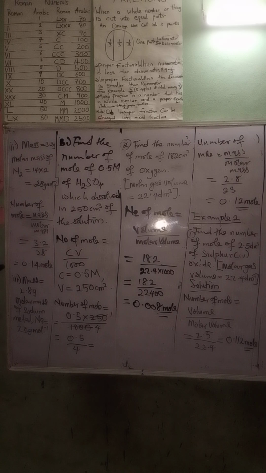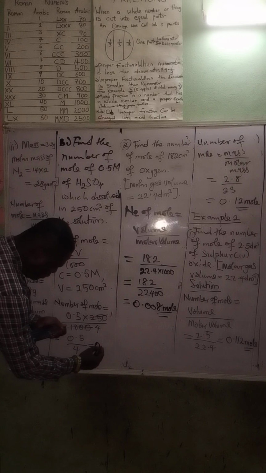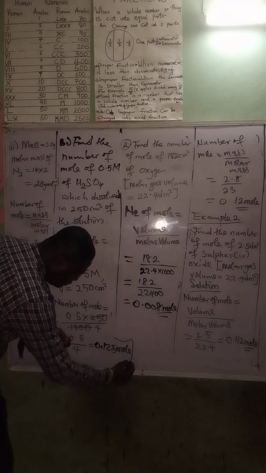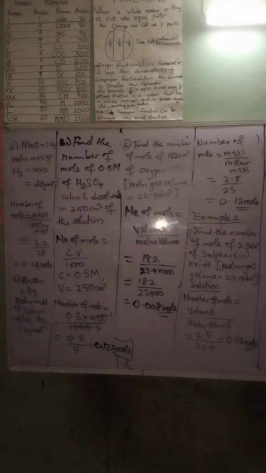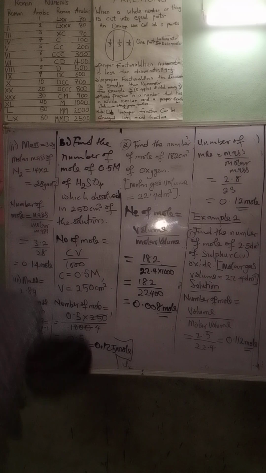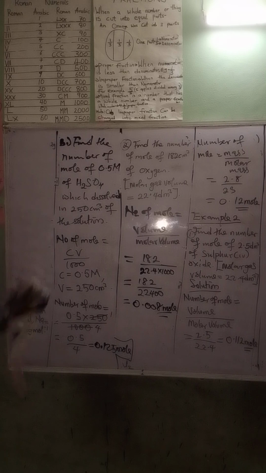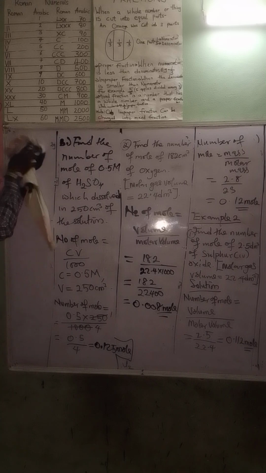So we have 0.5 divided by 4. Answer is 0.125 mole. So that's how to do that, when you are given something like this.